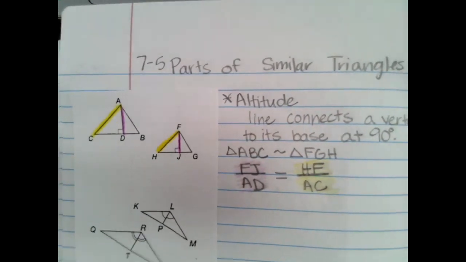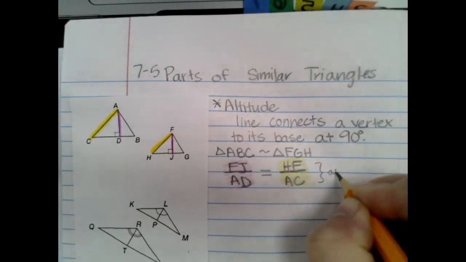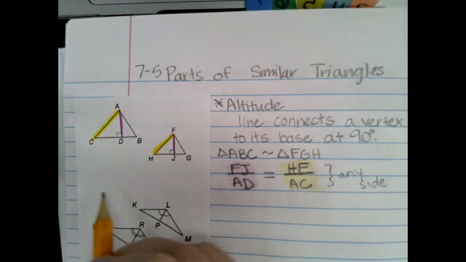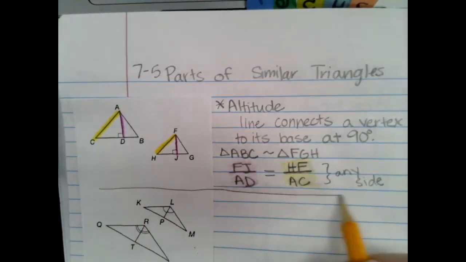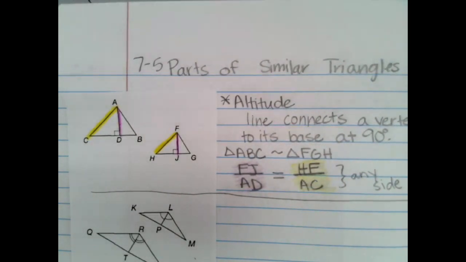But this could have been any of the sides. So today is just about realizing which ones we can have relationships with and which ones we can create. And here it works with altitudes.